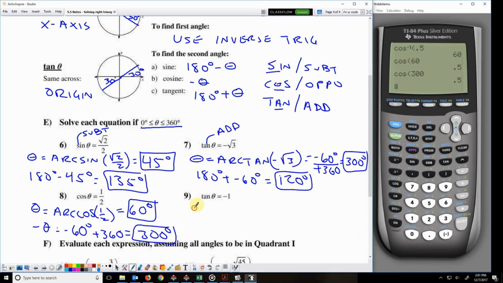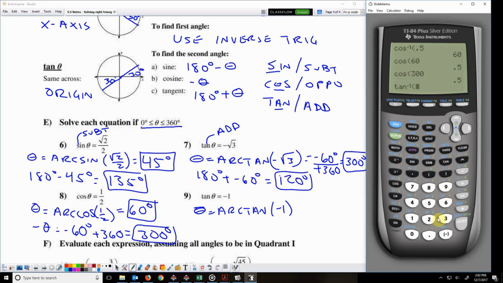And then number 9, theta equals arctangent negative 1. So inverse tangent of negative 1 is negative 45. That is not between 0 and 360, so I have to add 360.